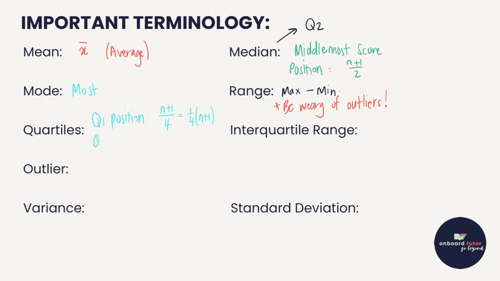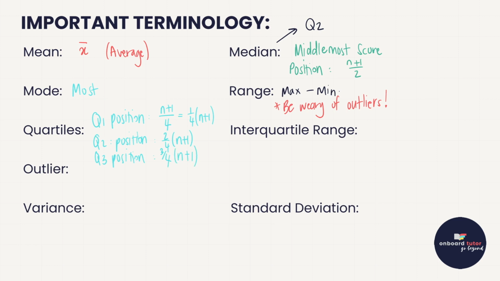Why do I say that? Because then you could take quartile 2's position, and say that's going to be 2 quarters, or a half of n plus 1, and quartile 3's position will then be 3 quarters times n plus 1.